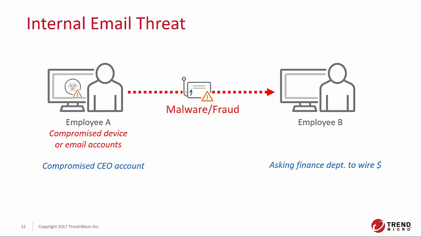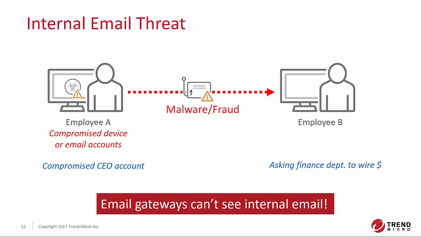For example, if a CEO's email account is compromised, the attacker could send a BEC email to the finance department to wire money. Since this email is indeed coming from the CEO's account, no spoofing is involved, most email security is not able to block this. Also, email gateways simply can't see internal email.